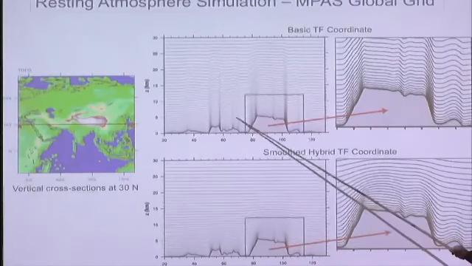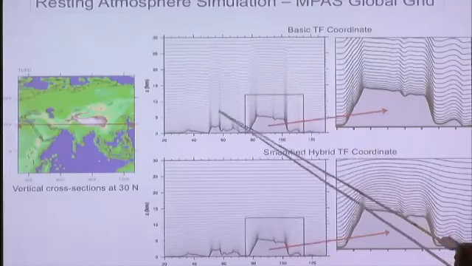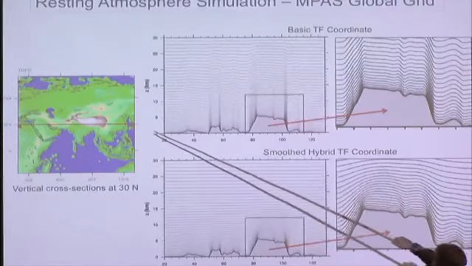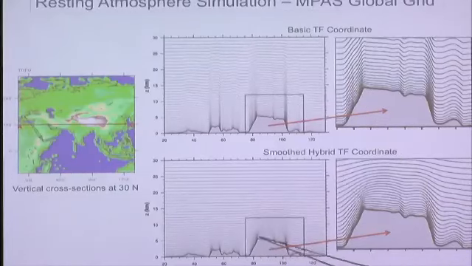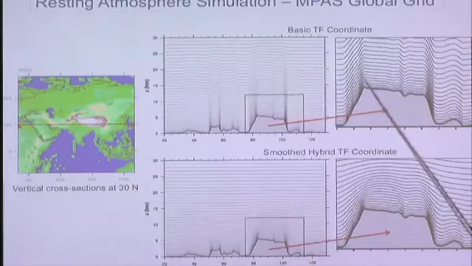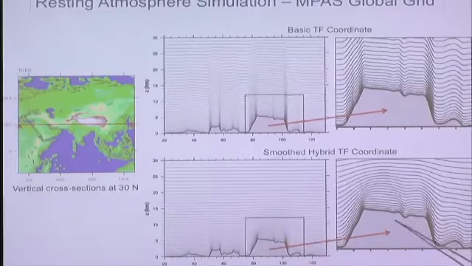This is what the coordinate surfaces look like with the basic terrain following coordinate above that cross-section, and then with our smooth coordinates here. And I've blown up this box over here so you can see a little better how the terrain influences are different.